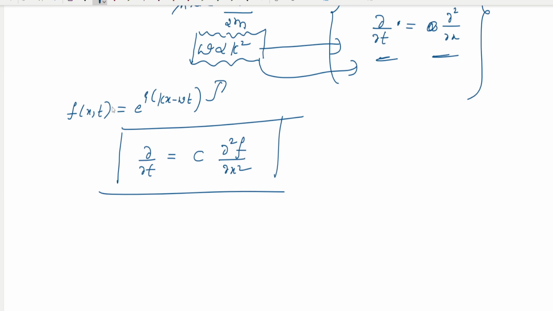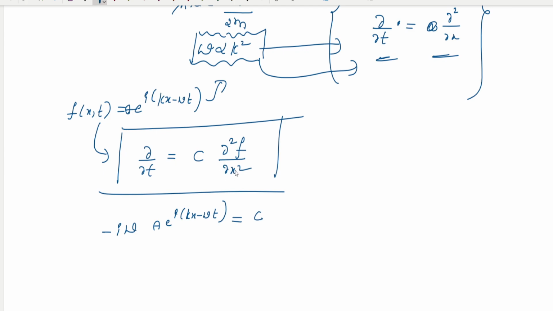If I substitute the solution f of x comma t into this differential equation, first order in time and second order derivative in the space coordinate, then I can get the following. Differentiating with respect to time once, minus omega, we get minus i omega times a e power i (kx minus omega t), equal to the double derivative with some constant c.